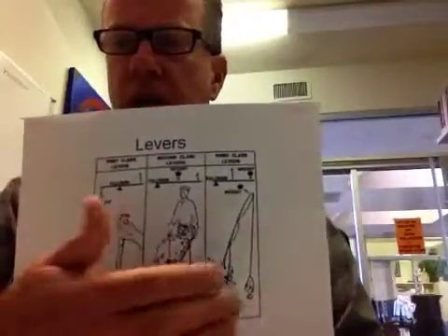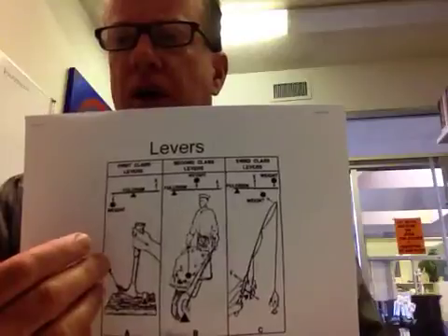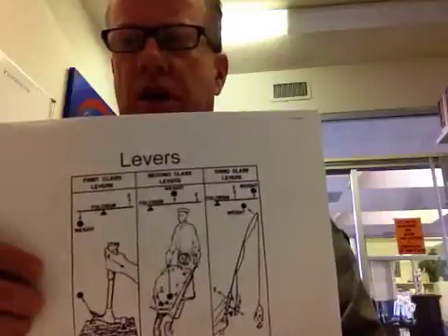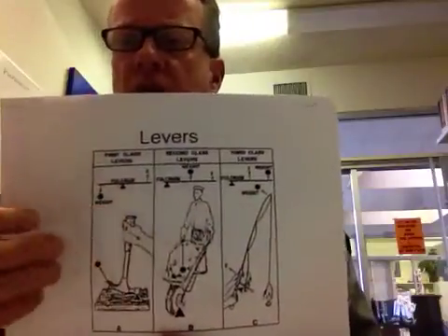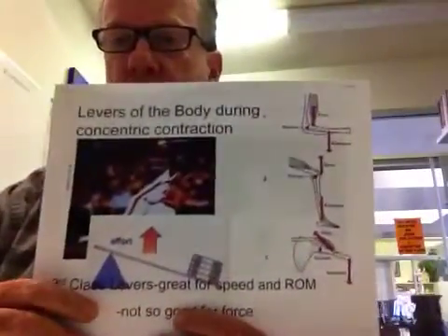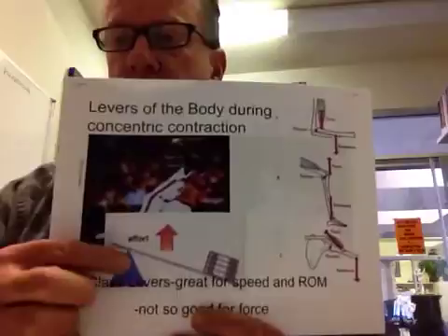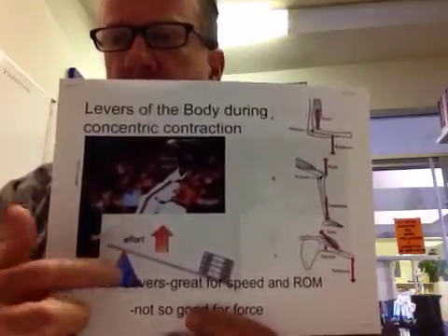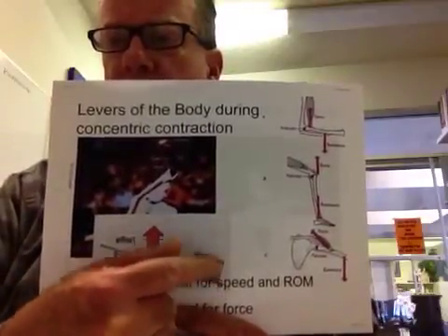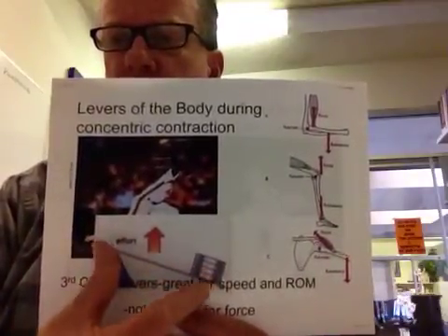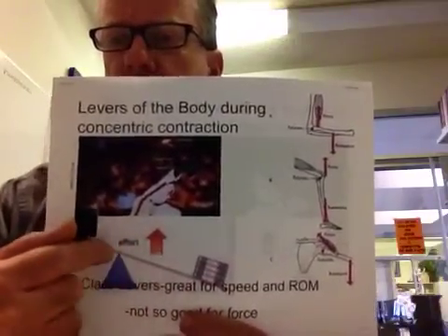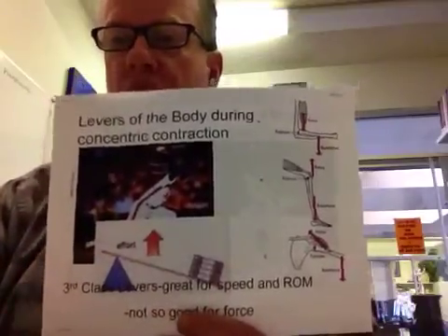And then appreciating the fact that a mechanical advantage is gained through the use of lever systems. Classes 1, 2, and 3 levers are represented for you in your Hall textbook. The majority of lever systems in the body are third-class levers where the axis of rotation, the fulcrum, and the resistance are on opposite sides of the lever, and the force driving the resistance is in between the fulcrum and the resistance.